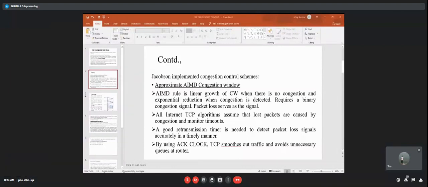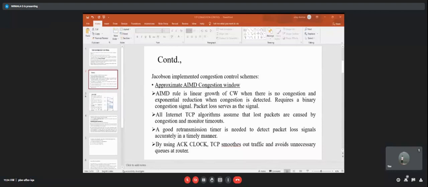The acknowledgement clock also plays a major role. We need to check the timing of when the packet is transmitted and when the acknowledgement is received, right? Once the acknowledgement is received, it guarantees that the packet is delivered. If the acknowledgement is lost, then it indicates that the packet is not delivered.